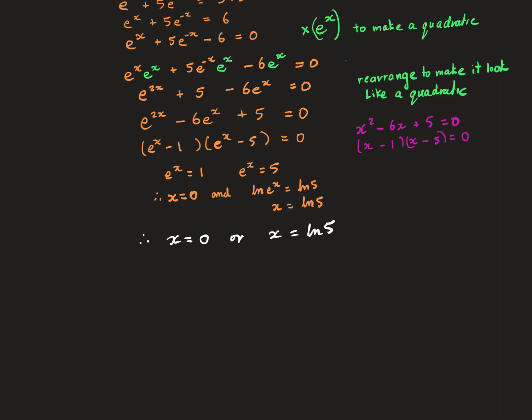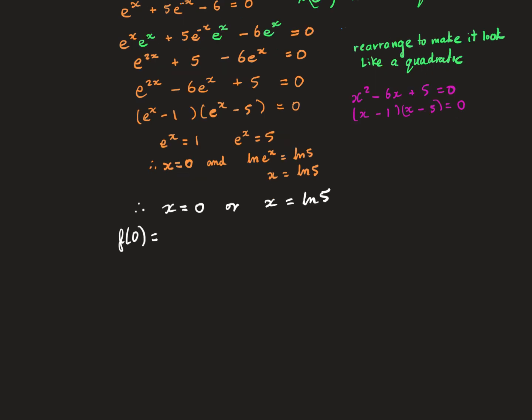And if you just substitute this into the first simple equation, e^x minus 3, then we will just have 1 minus 3, which is equal to minus 2.